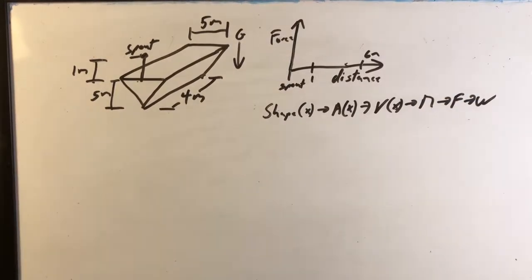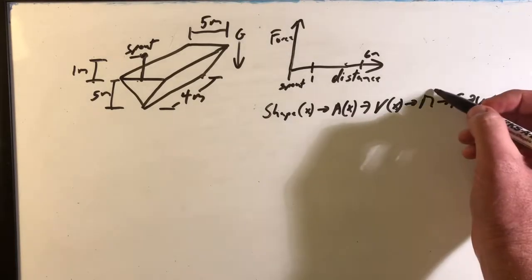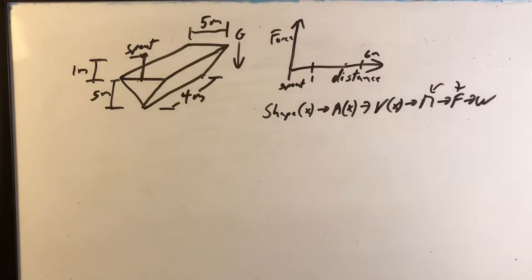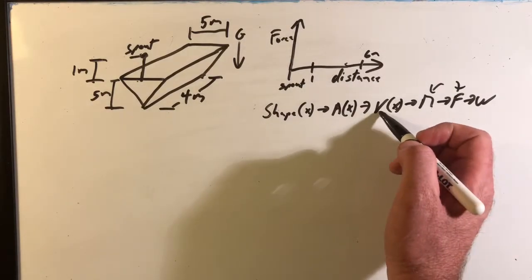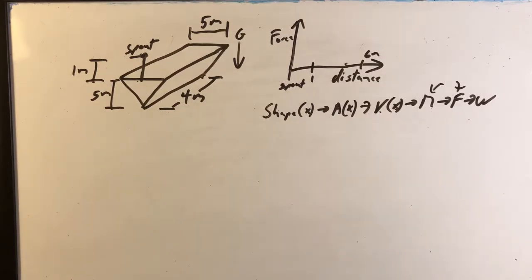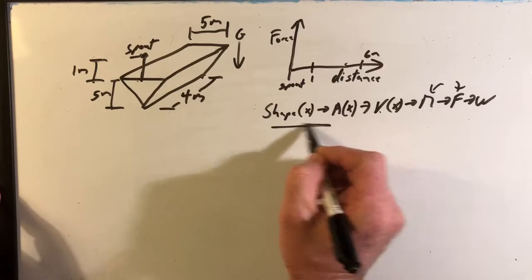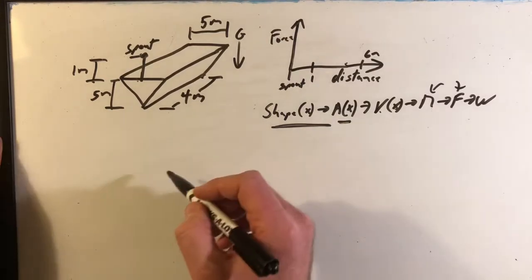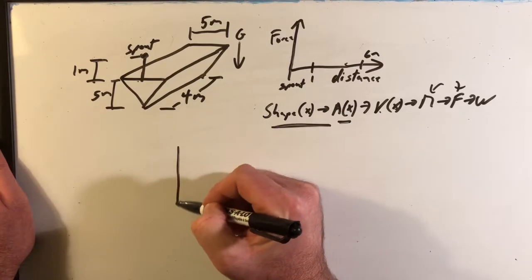These last two steps are really easy because that is really just density, and that is just a multiplier of the acceleration of gravity. So we can go right from volume to work relatively easily. But first, we have to figure out how we define the shape, and how that gets us to the area.